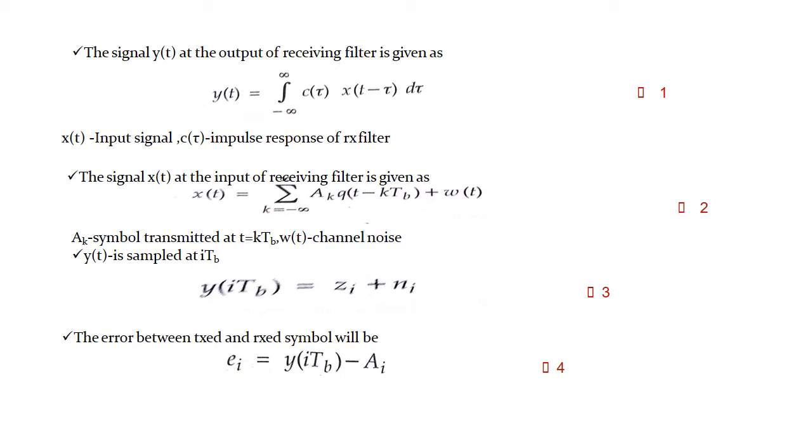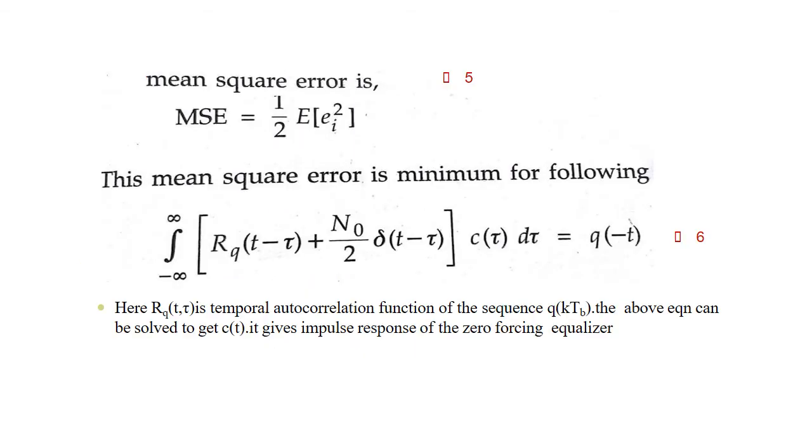So here y of t is sampled at i t b. So y of i t b is equal to z i plus n i. The error between the transmitted and the received symbol will be e i equal to y of i t b minus a i. So the mean square error is half E of e i squared.